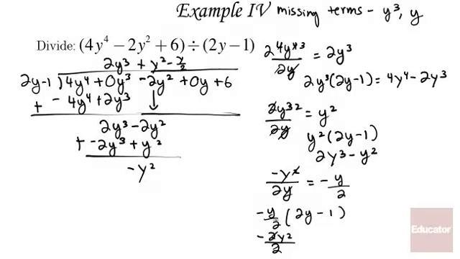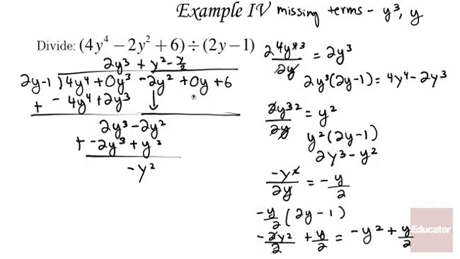I'll rewrite that in a second. I have negative y over 2 times negative 1. So that's going to give me plus y over 2. Since this canceled, I can write it in its simplified form. It's just negative y squared plus y over 2. So that was a bit complex, but all you're doing is multiplying negative y over 2 times the divisor. Then subtracting it as usual.